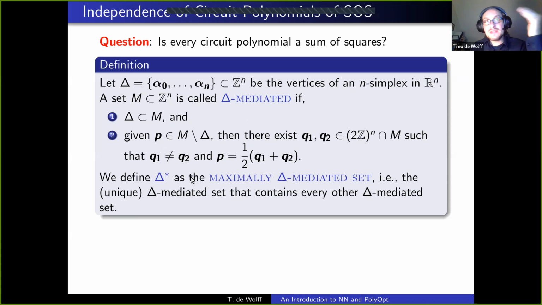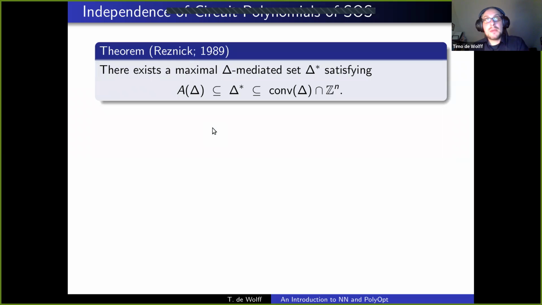And then we call a set delta star the maximal delta-mediated set if it is delta-mediated and it contains every other delta-mediated set among the lattice points contained in the simplex of delta. This was introduced by Bruce Reznick, and he showed that such a maximal delta-mediated set always exists, and it is always unique.